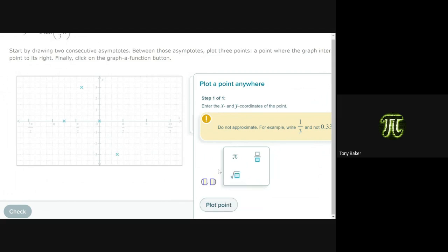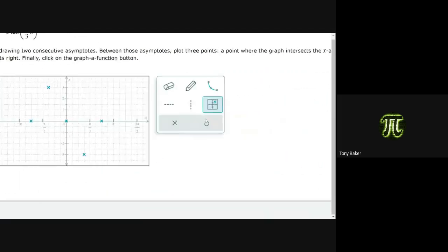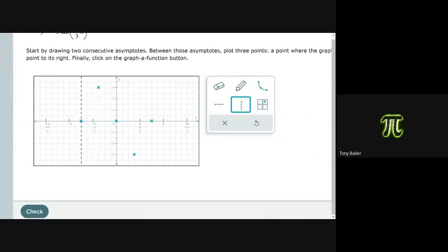And then we had 3 pi over 4, and I'm just going to put 0 for that one so I can get my asymptotes. Okay, so now my asymptotes were at negative 3 pi over 4 and positive 3 pi over 4. Notice once I click the asymptote, the dot disappears. I'm using that just so I make sure I put my asymptote in the exact right spot. My other 3 points are there, so now I can click my graph and it graphs my equation.